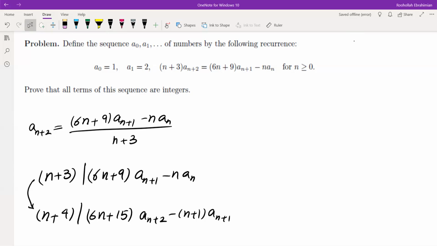One of the techniques that we can usually use to show a sequence is all integers is, again, to use induction.